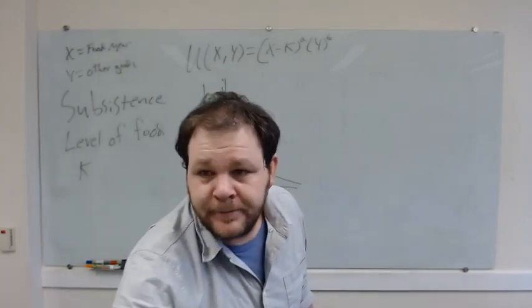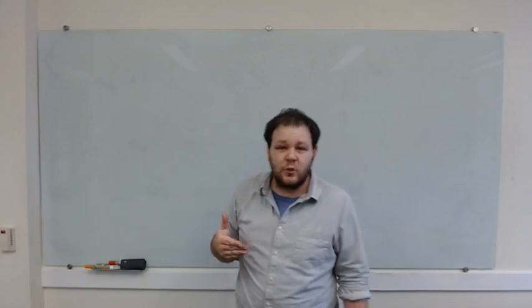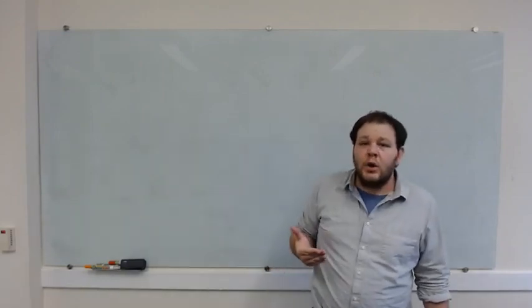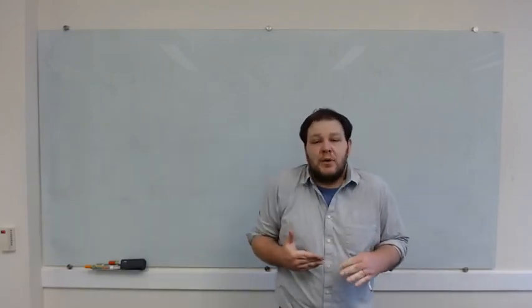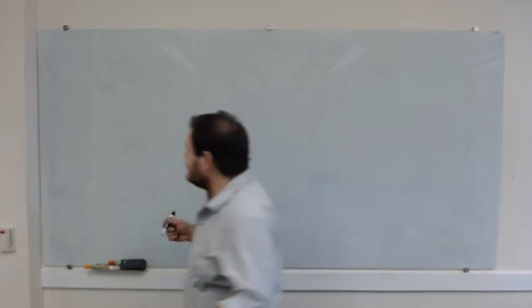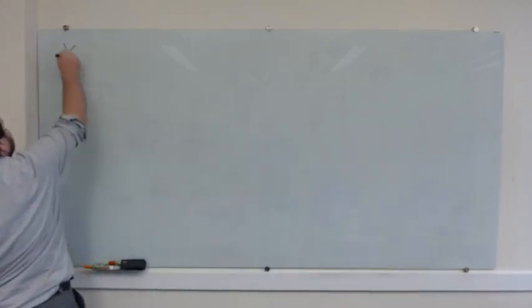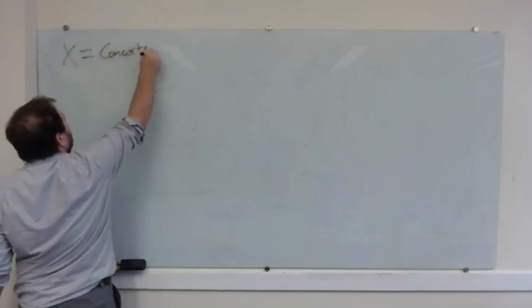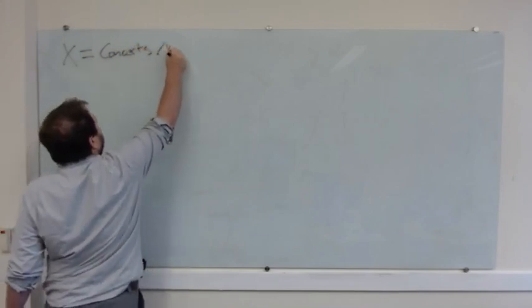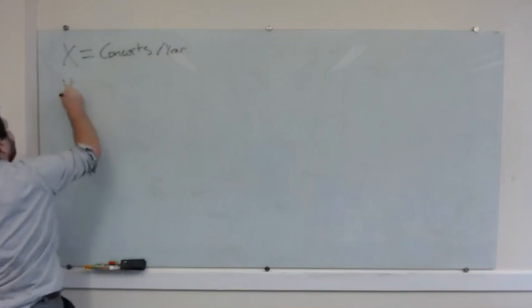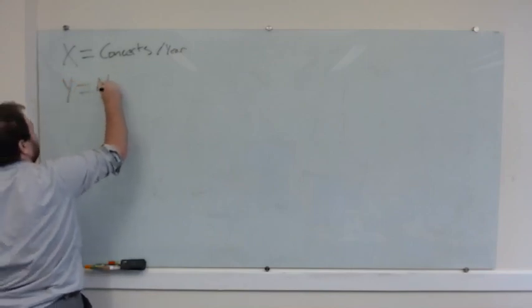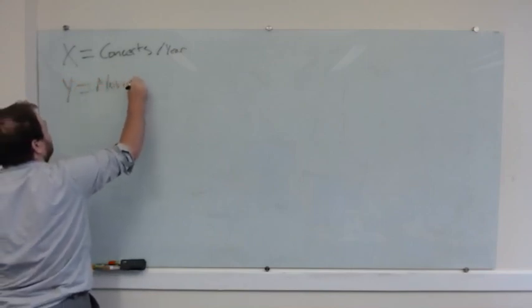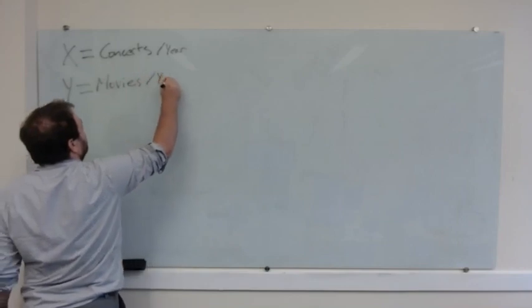Now there's another version of this tweak that goes in the opposite direction, when maybe we don't believe that you need either good to survive. So let's say that X is concerts per year, and Y is movies per year. Right?